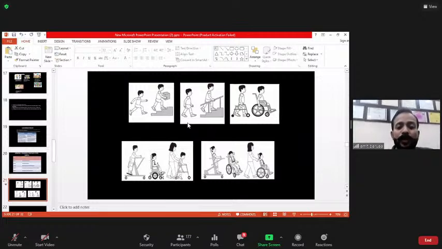GMFCS level 4, they can move within the household, or maybe from car parking toward the lift, with their mobility devices, and even manual support is required along with the device support. And in level 5, they are all dependent, even for a short distance, they need maximum support.